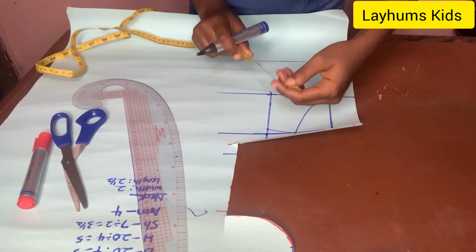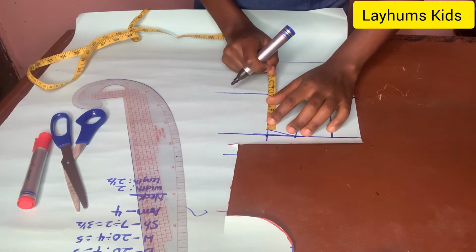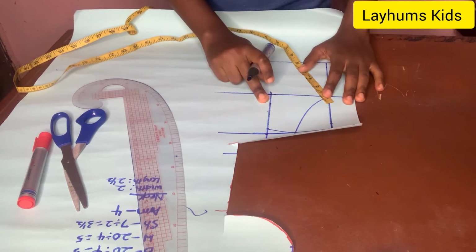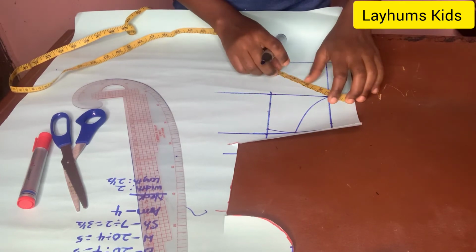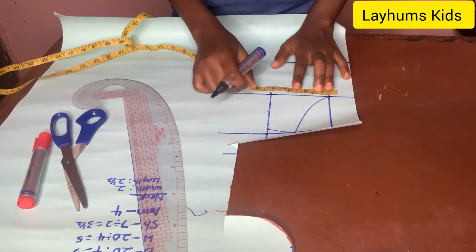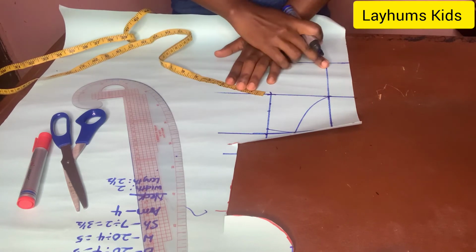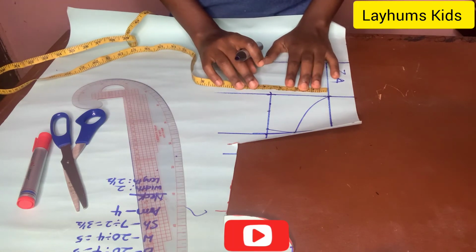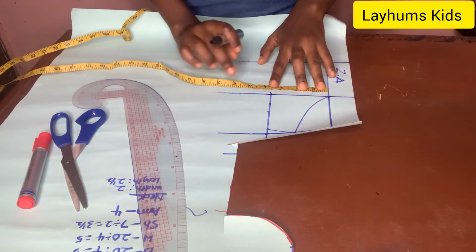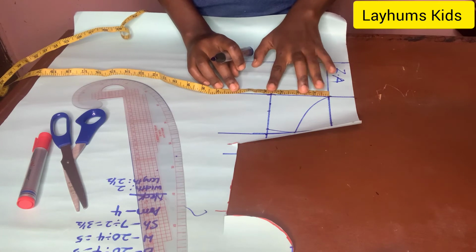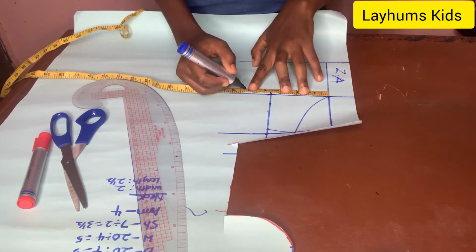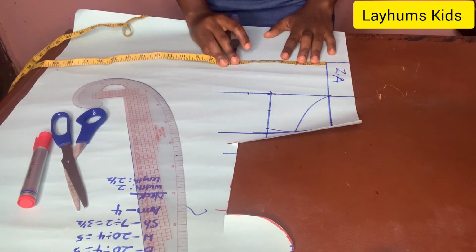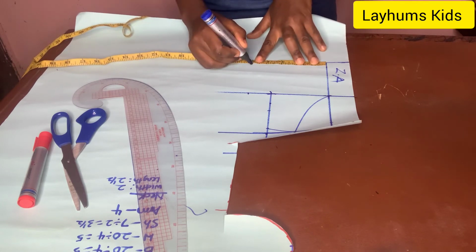Also get midpoint here. For here, I won't be going in by 1/2 inch. Then from this zip allowance, I'll mark 5 inches, which is my bust measurement. 5 inches for my waist measurement.